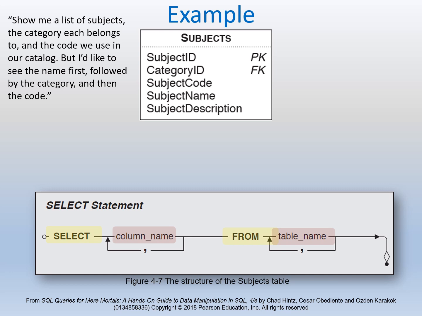So the request here does list an ordering of the columns that are retrieved. The select statement is simply select subject name, category ID, and subject code in the order requested from the subjects table.